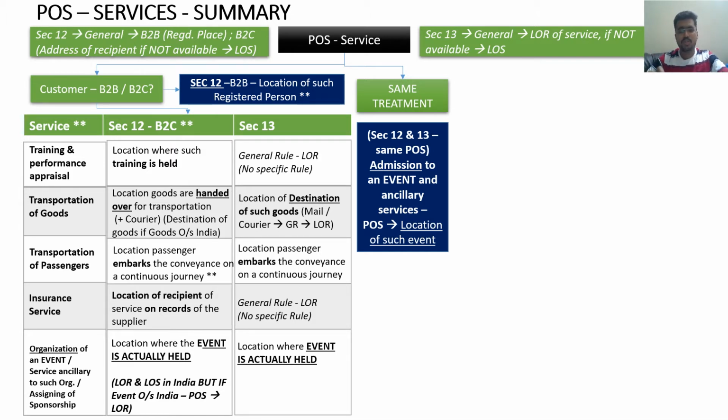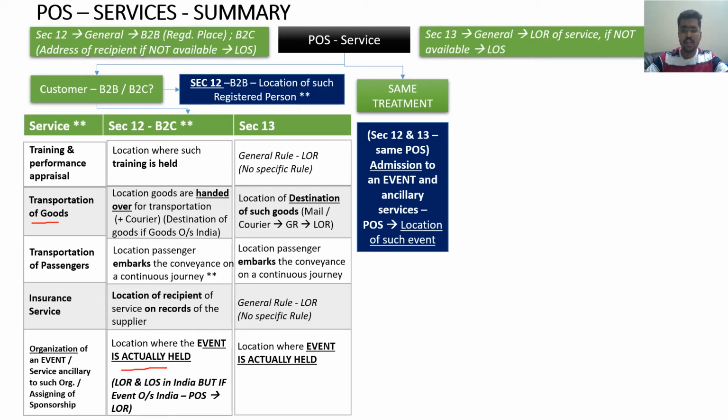There is no proviso or exceptions like what we saw in organization of an event and destination transportation of goods. This has the same treatment in both section 12 and section 13. So this event could be a cultural event, artistic event, sporting event, scientific or educational event, or entertainment event, exhibition, fair, conference, these kinds of events, right?